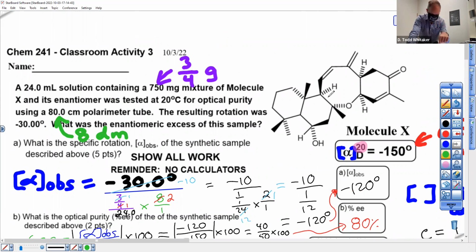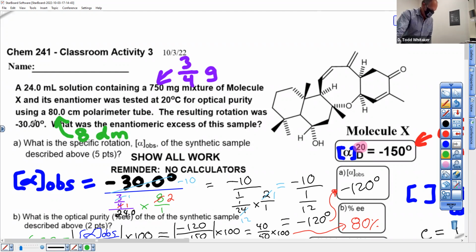If the molecule pictured here has a standard rotation of negative 150, and in the question this is also negative, where the sign matches, that means this is the major molecule. If the question had a positive 30 here, that means the other molecule is major.